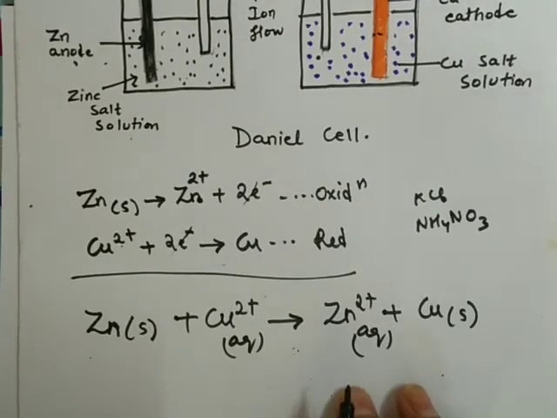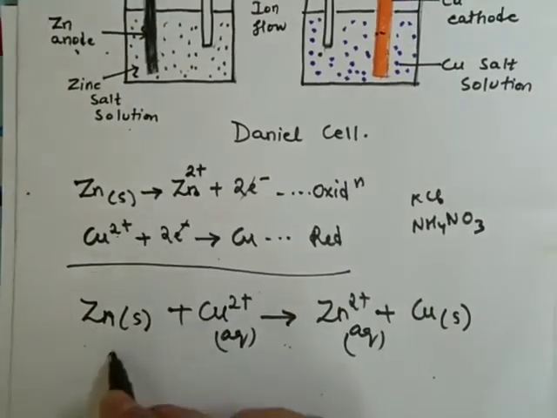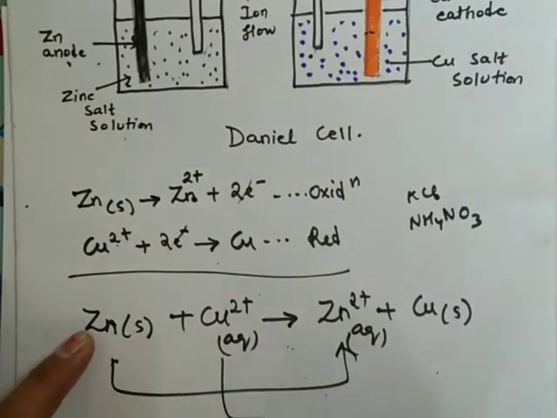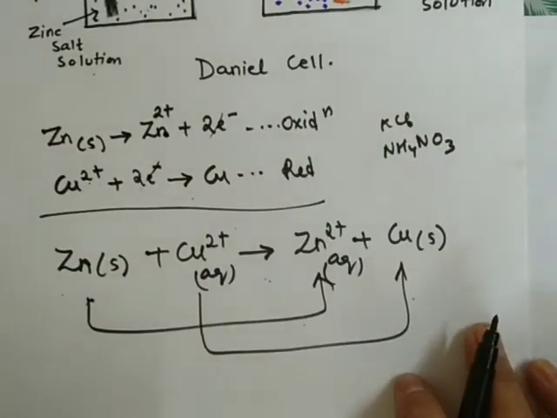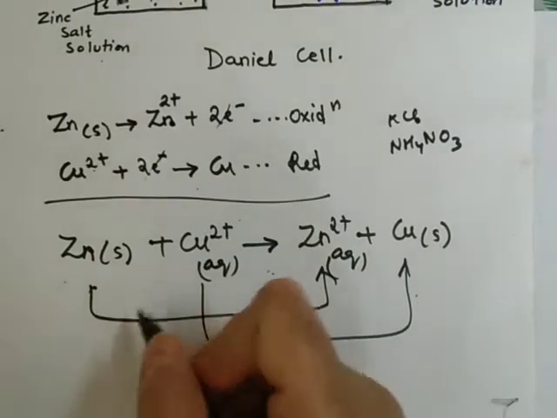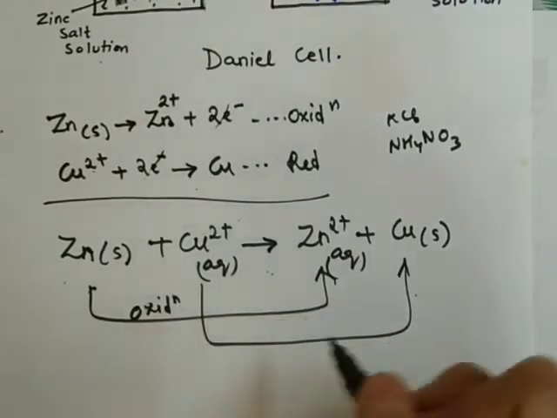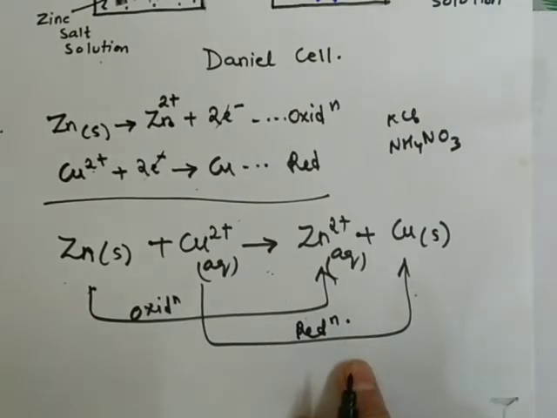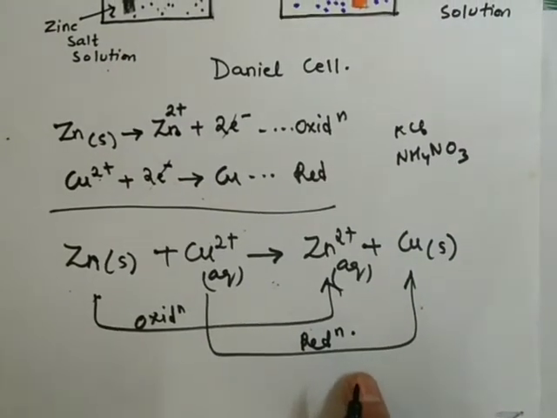So you find the reaction is actually a redox reaction where zinc is undergoing oxidation from zinc 0 to zinc 2 plus, right? And copper ion is undergoing reduction.